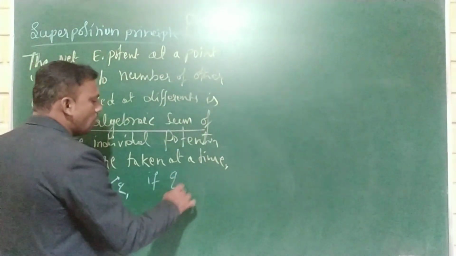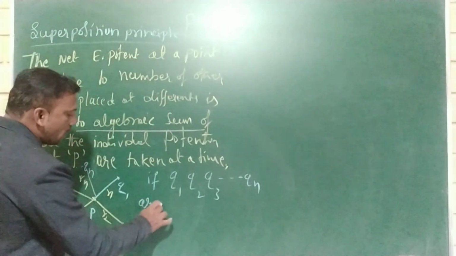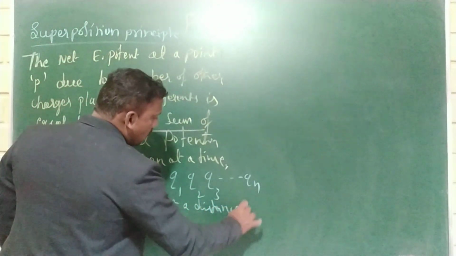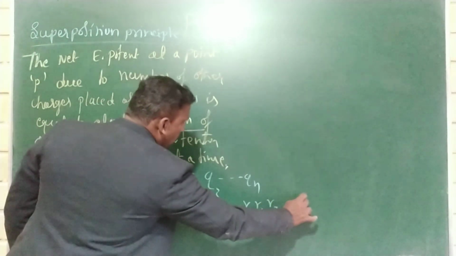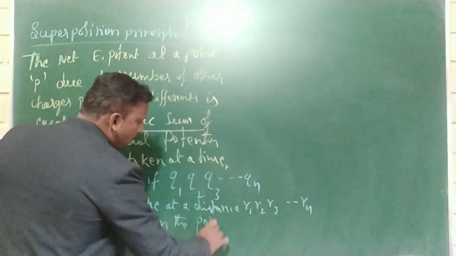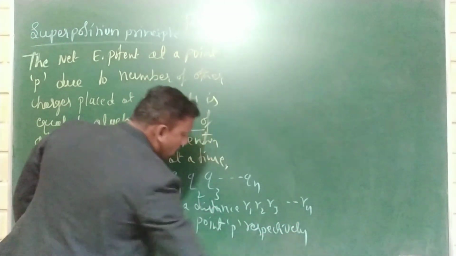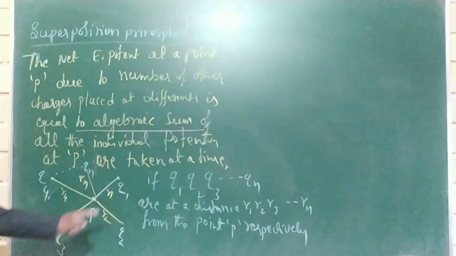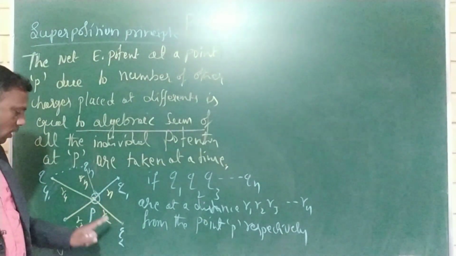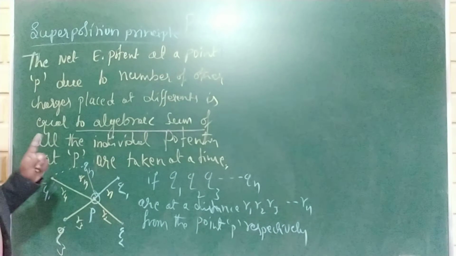If Q1, Q2, Q3 up to Qn are at distances R1, R2, R3 up to Rn from point P respectively, the electrostatic potential at point P due to Q1 is denoted by V1, due to Q2 by V2, due to Q3 by V3, and due to Qn by Vn.